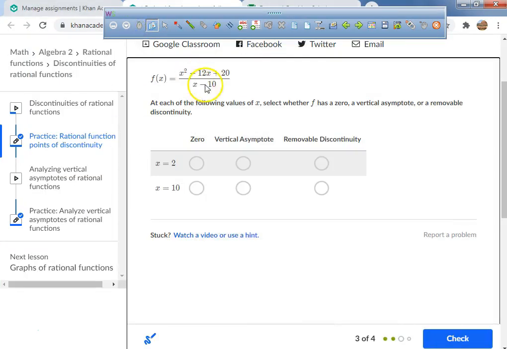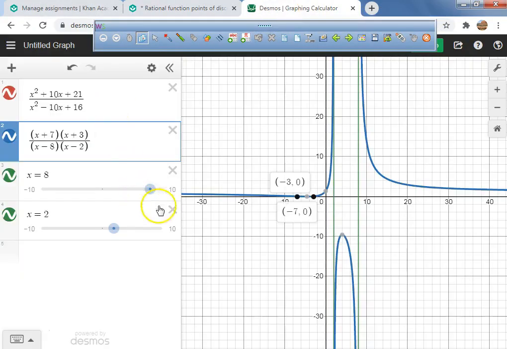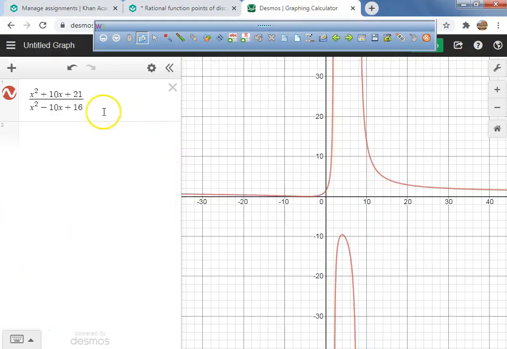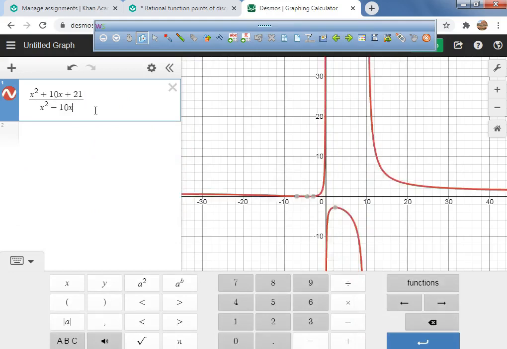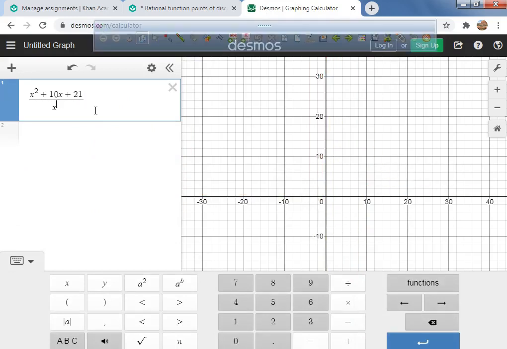All right, so I'm going to take this and go to Desmos real quick. Clear that out.